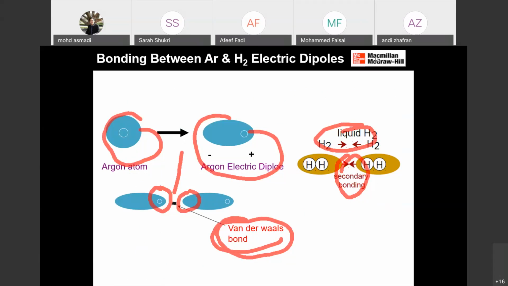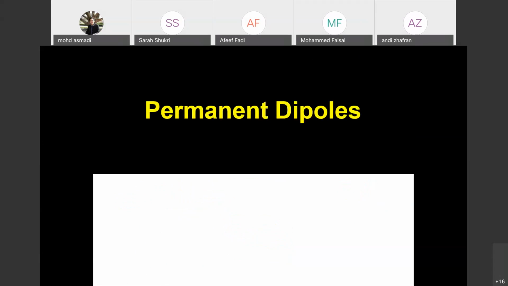So you have to remember this example, especially for the noble gas. That one is for the fluctuating dipoles or non-permanent bondings.